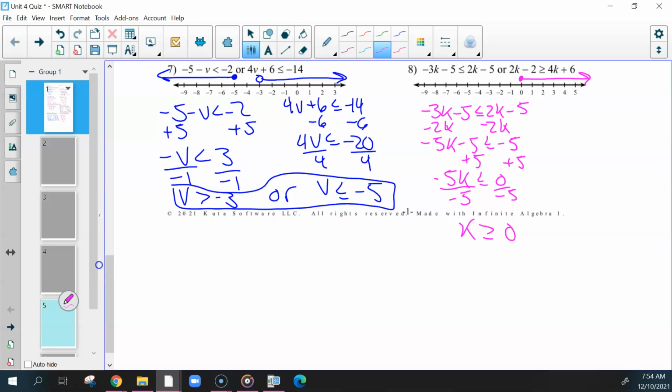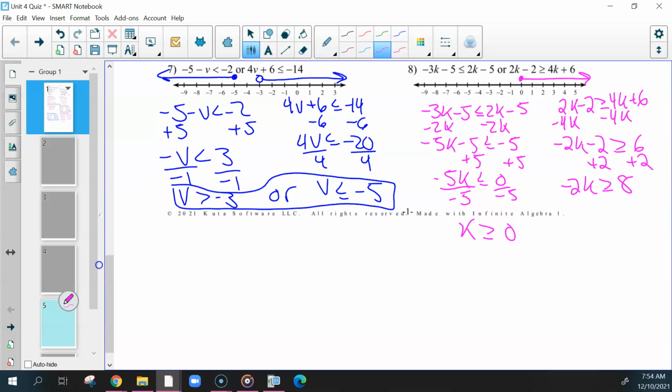And then solve your other one. I'm going to move 4k to the left. We get negative 2k minus 2 is greater than or equal to 6. Add 2 to the other side to get 8.